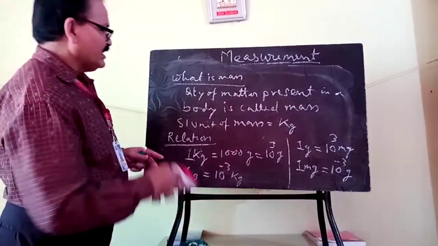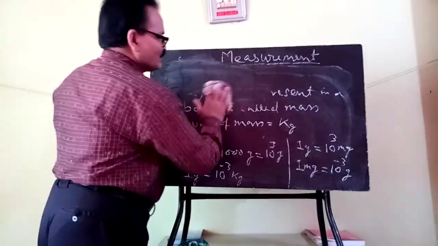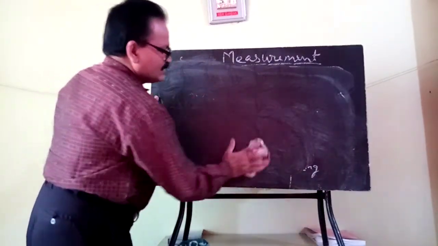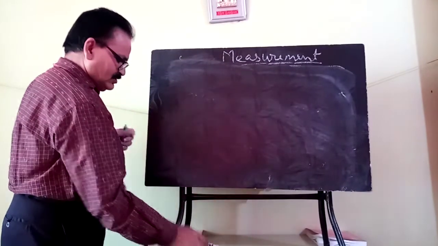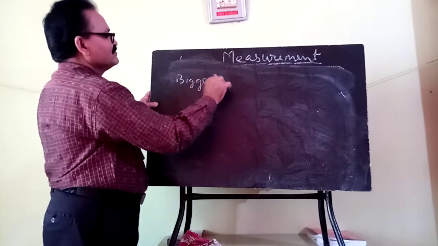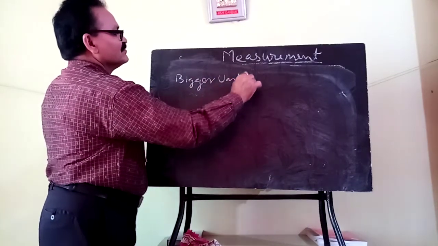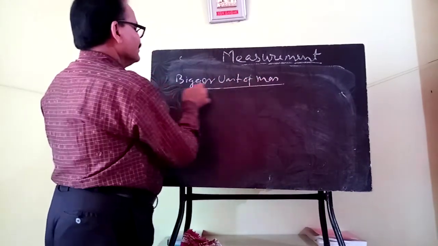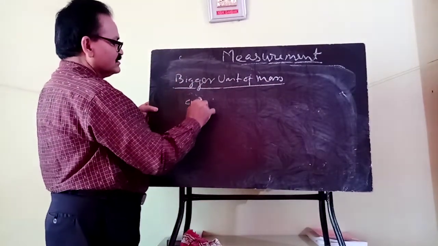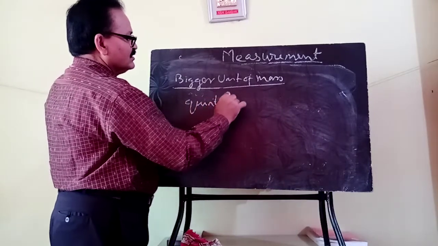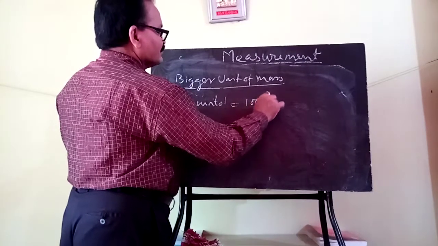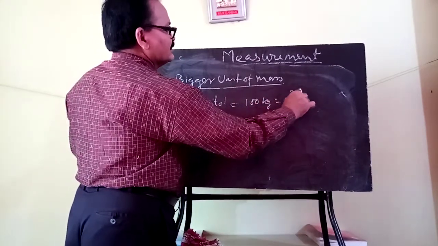Similarly, now we can express the bigger units of mass also. A bigger unit of mass is your quintal. 1 quintal is 100 kg, means 10 to the power 2 kg.